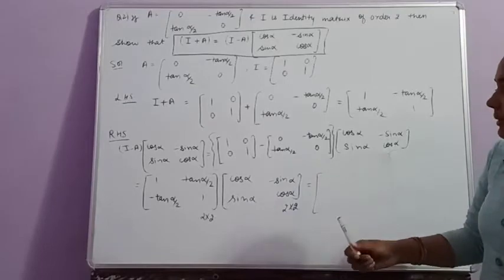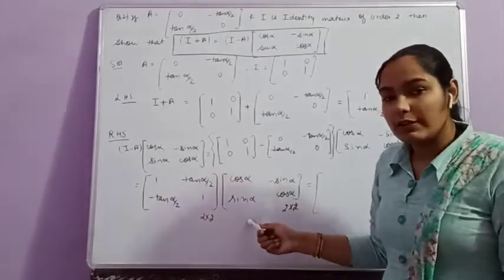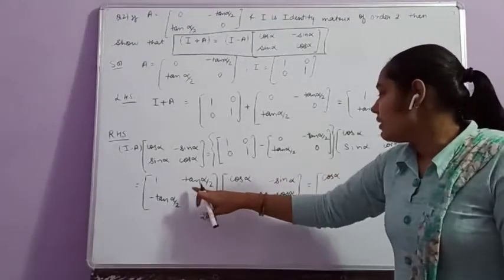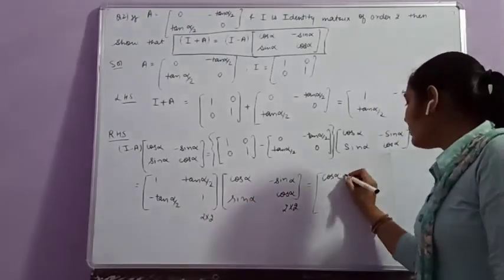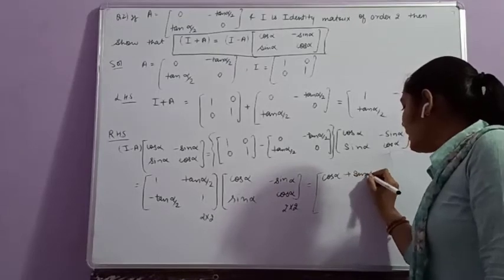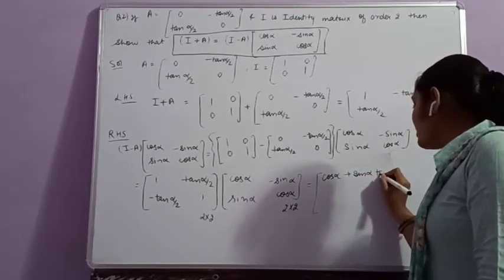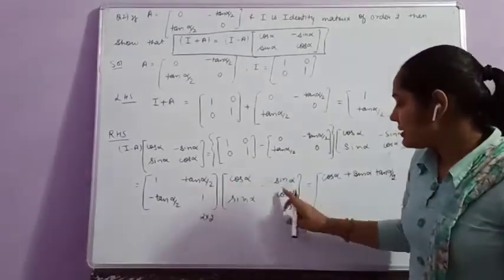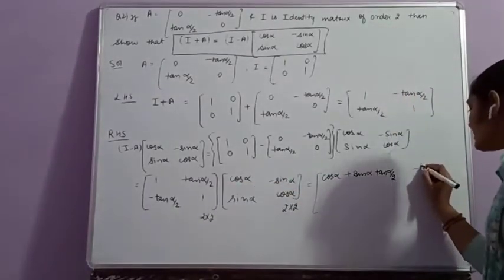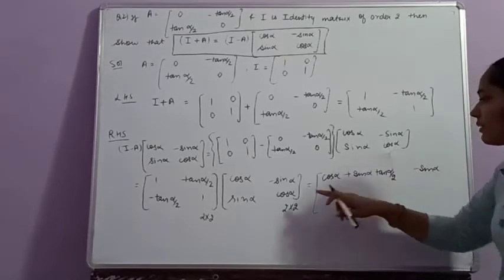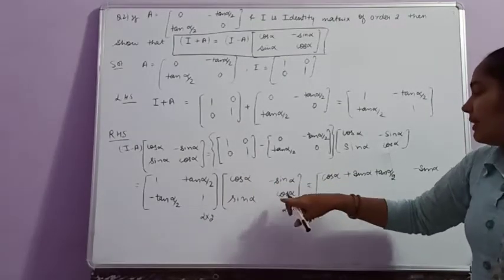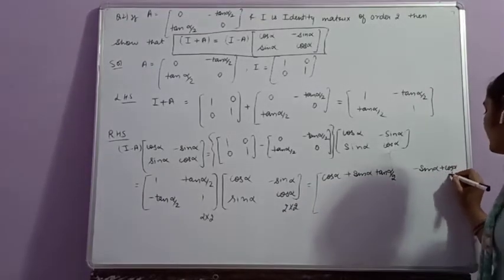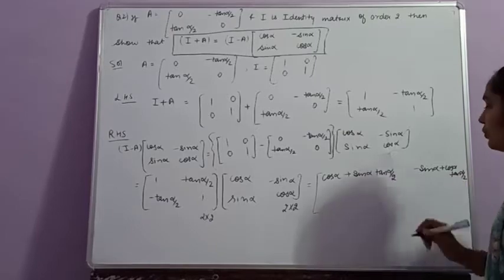So multiplication is possible. First row is multiplied with first column, that is 1 multiplied with cos alpha, plus sin alpha multiplied with tangent alpha by 2 plus sin alpha multiplied with tangent alpha by 2. First row, second column: minus sin alpha, tangent alpha by 2 is multiplied with cos alpha, plus cos alpha multiplied with tangent alpha by 2.